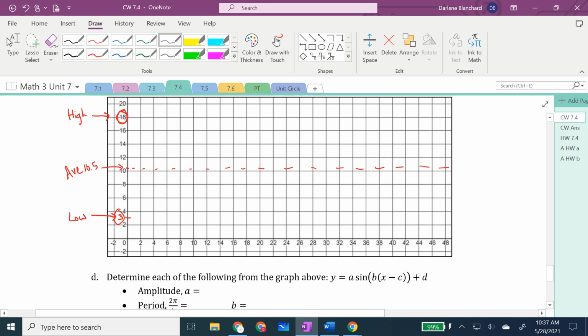The amplitude is the distance between the midline or the average and the high, which is also the same as the distance between that midline and the low. So what is that distance?